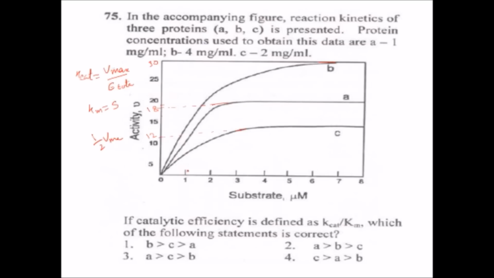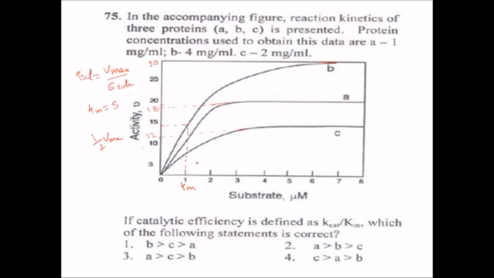So if you analyze this, you will come to know that in all the cases, at approximately 1 micromolar, the velocity is half of Vmax, and so we can say that Km for all the proteins A, B and C will be equal to 1 micromolar.